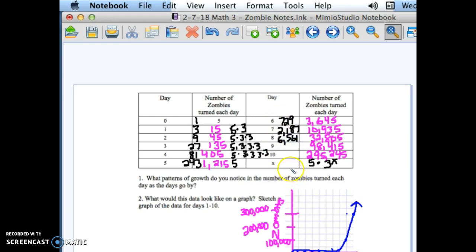I really thought someone in here would see the relationship. They still have a big growth at 9 and 10, right? But what do you notice about these numbers?